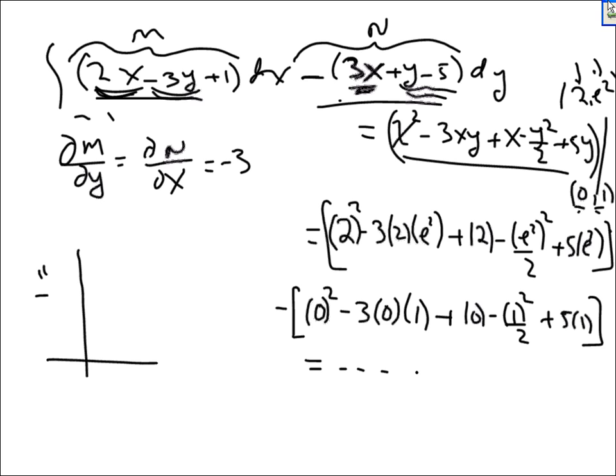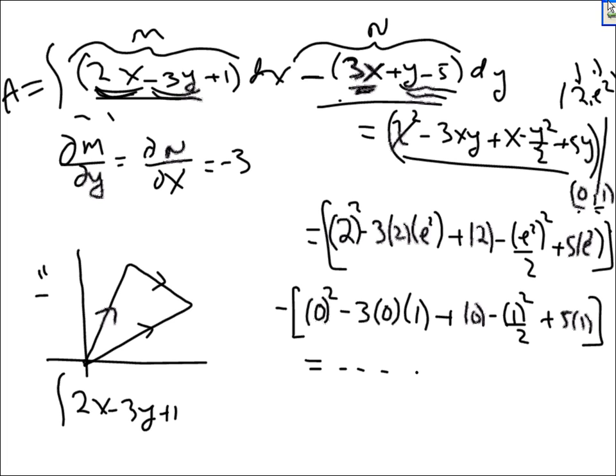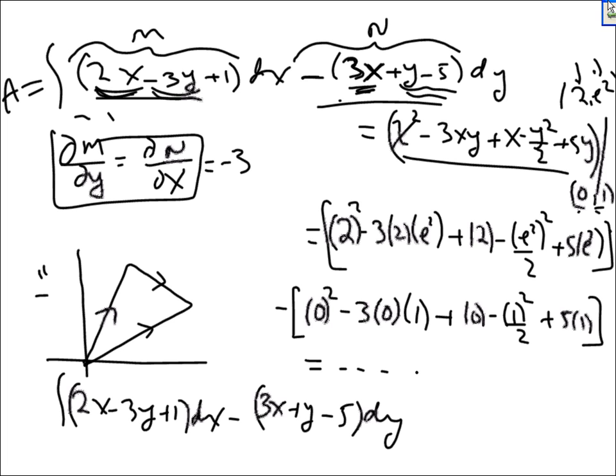You want to hope that you are given a closed path. Let me write the whole entire integral anyways. This integral, since it's conservative, that is, this is true, and it is a closed path, tends to 0.